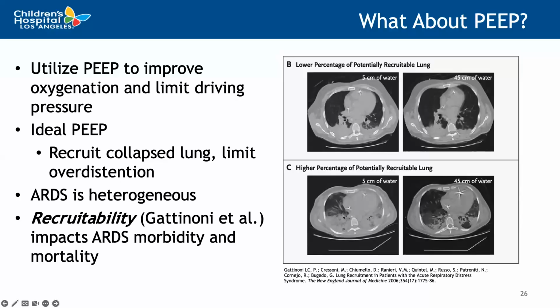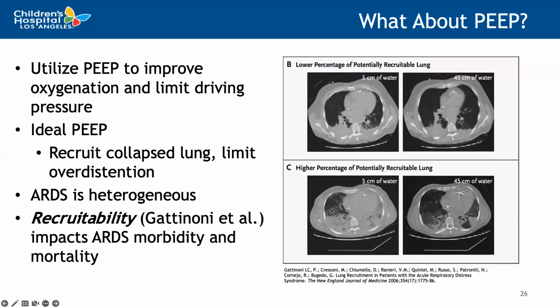In the image on the right, we have two different patients, one with recruitable and one without recruitable lung disease. And so recruitable lung disease is lung disease that is able to be overcome with higher PEEP or higher pressure, so areas of collapse that you can overcome. The patient on the top would have non-recruitable or low recruitability. So this patient has some areas of collapse in these more posterior lung areas, and going from 5 to 45 centimeters of water, so a pretty significant recruitment maneuver, they really don't have much change seen on CT in terms of atelectasis or collapse.